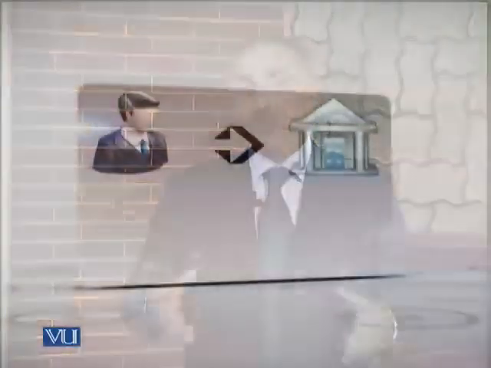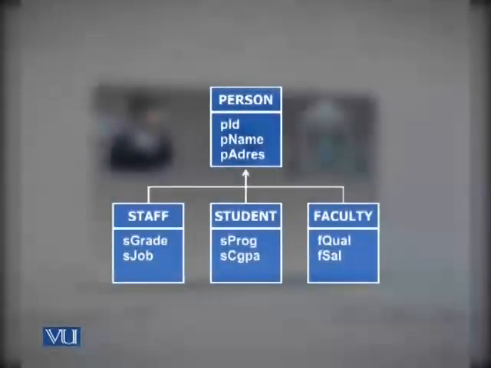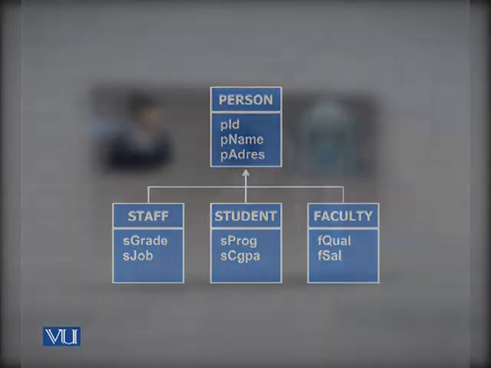Why? Because if you ask a person, what is your role here? Are you a staff member or a student? He may say that I am a staff member as well as a student. So a particular object can belong to more than one subclass. He is playing more than one role in an organization. So if you decide to implement union inheritance somewhere, it is not your decision.